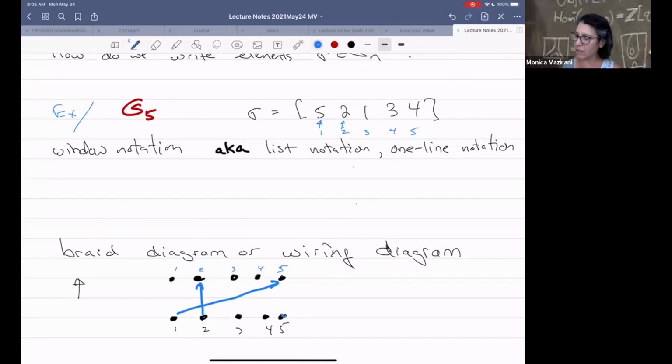You're going to have to also do this in the exercises, but let's do this one. 3 goes to 1, and notice when 3 went to 1, it's really good that I was careful and didn't have them all meet at a point. It's better to wiggle your lines around so they don't do that. And so on. We tend to have things flow up in these pictures.